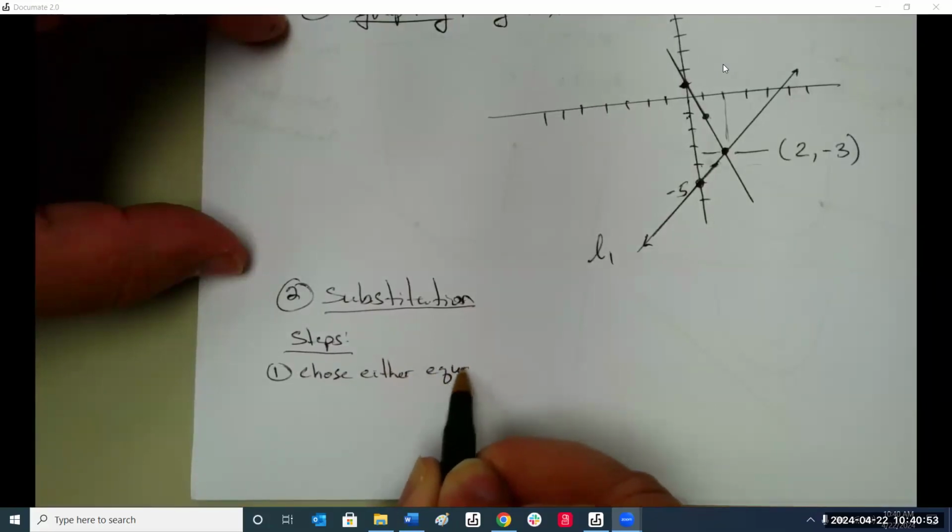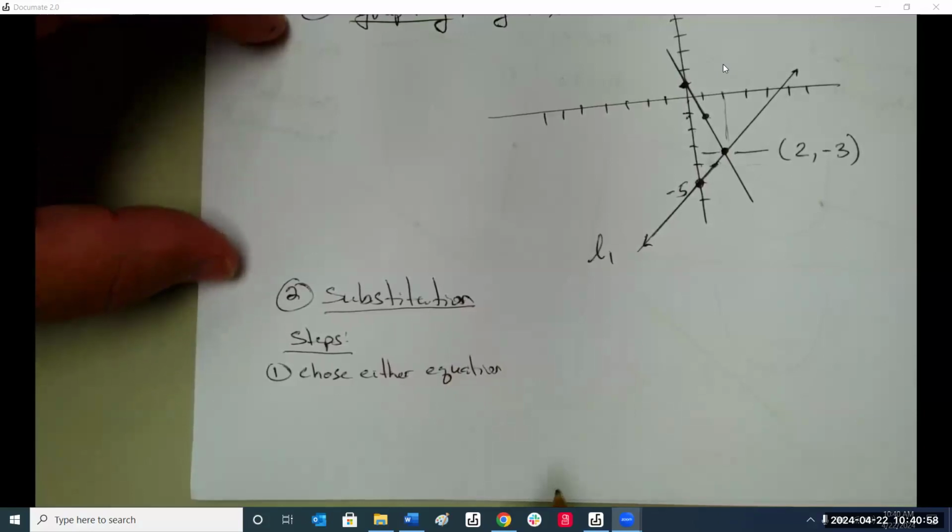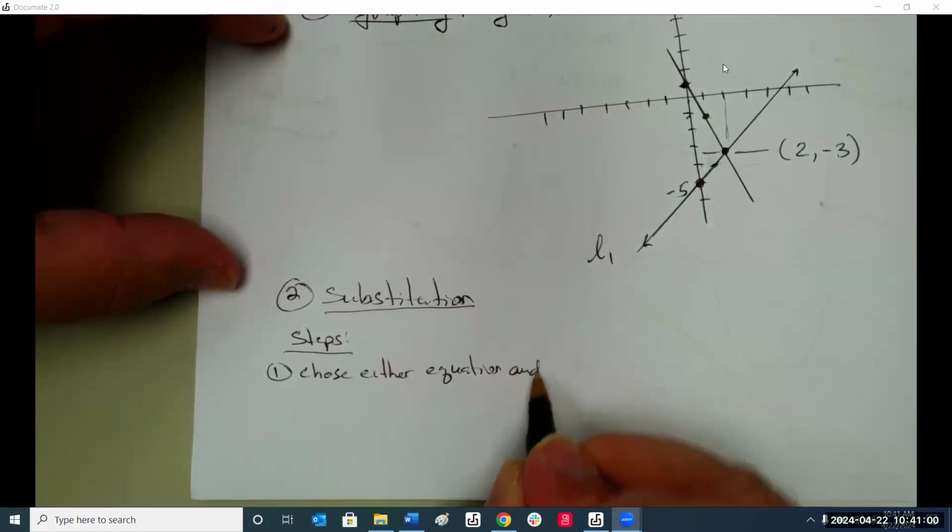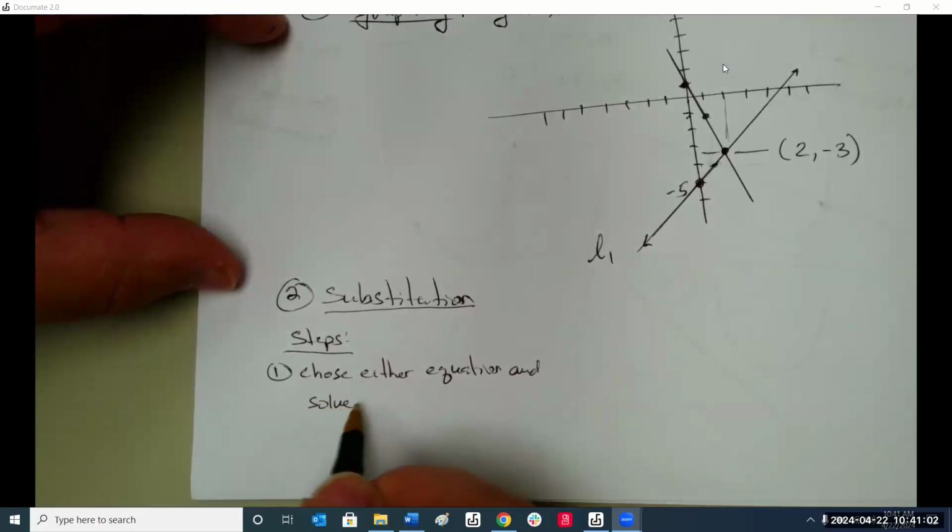Choose either equation, L1 or L2, doesn't matter which one, and solve for a variable.